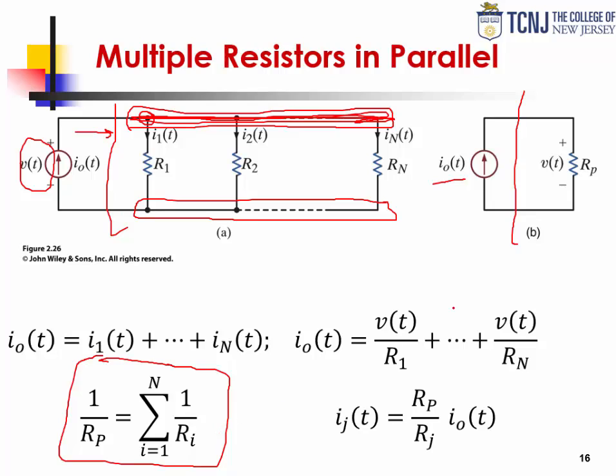So if I want to know what this total resistance is, all I have to do is calculate the sum of the reciprocal of the individual resistances, take the reciprocal of that, and that's going to be the total resistance.